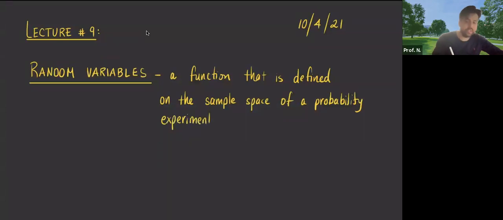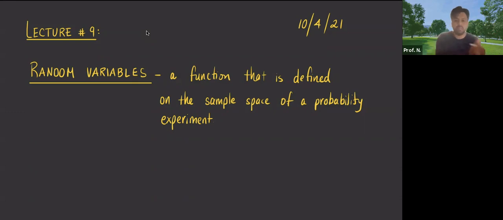Okay, we have to remember what functions are. Functions are rules that assign an input to an output, and it's really an input to one and only one output. That's what functions are, right? So now we're utilizing that same concept of a function, but we're applying it to probability experiments.